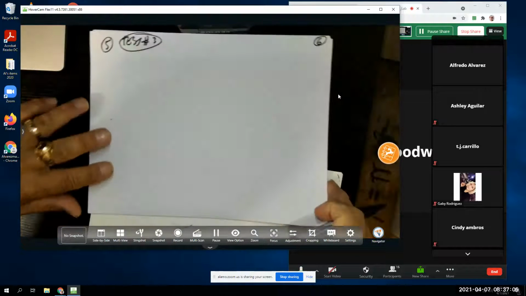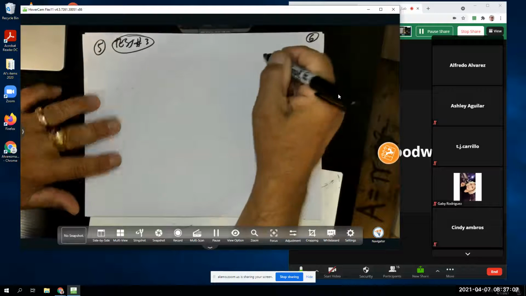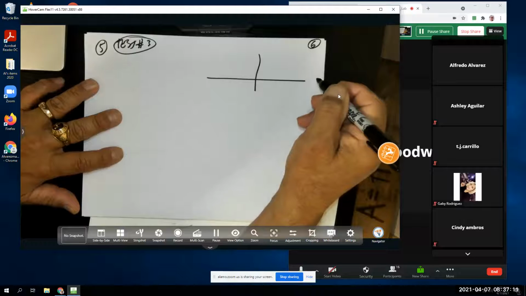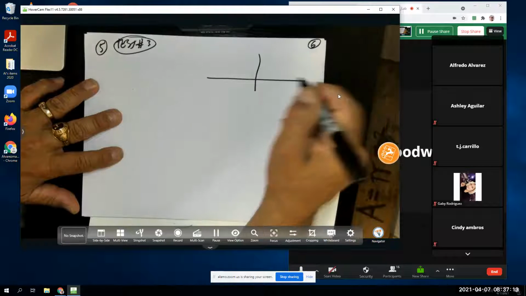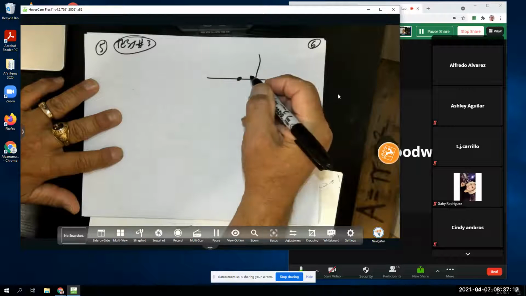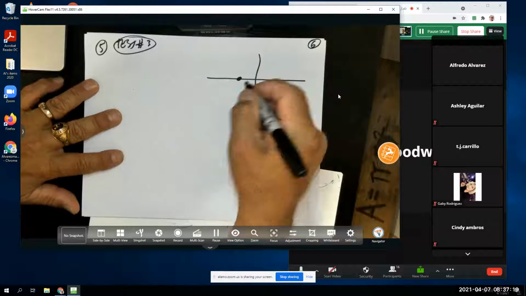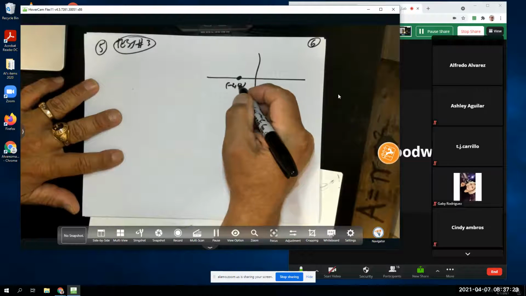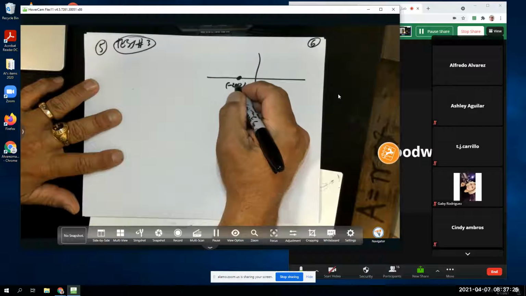Let me draw the picture they gave me. It looks like this. I have a dot right here, and this dot is negative 2 and 0. And there's a dot over here, negative 3 and 3.